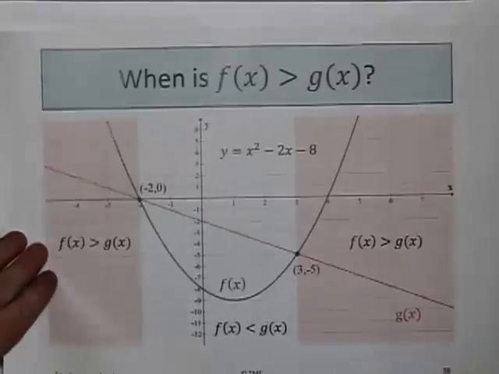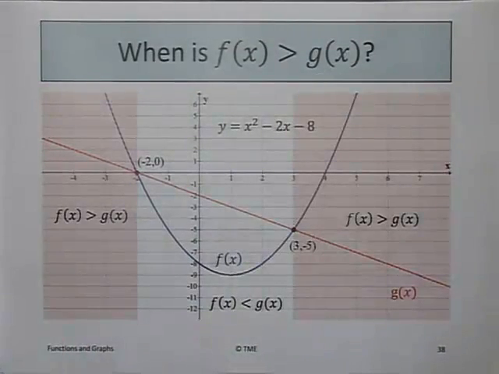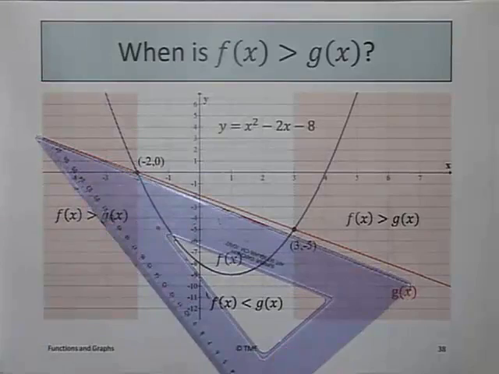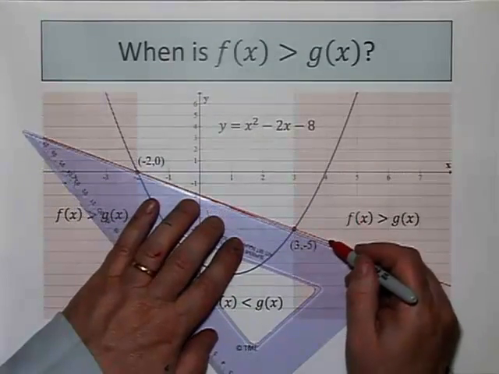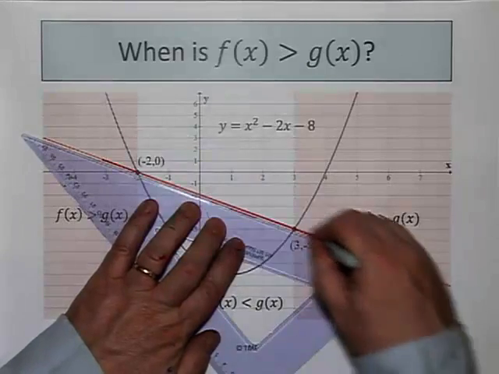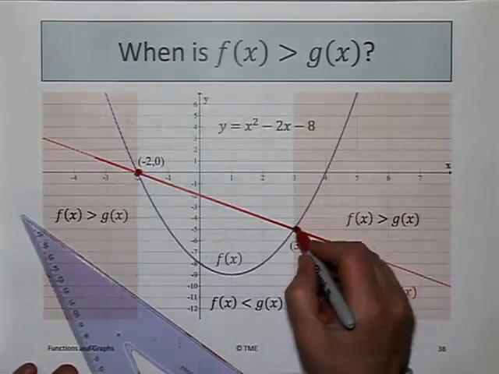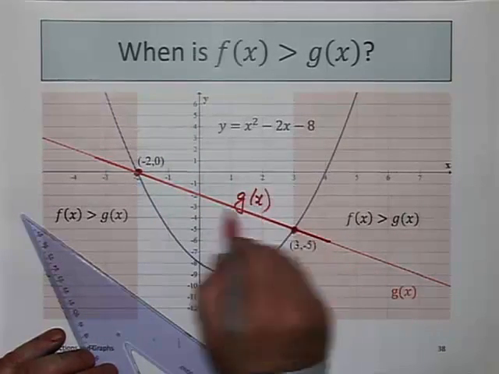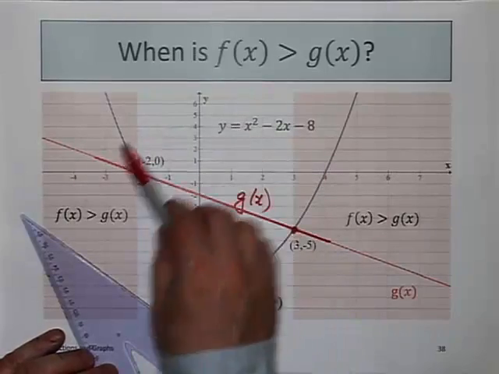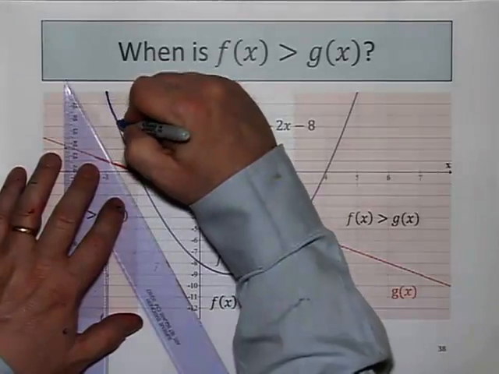Visually, they ask us, when is f(x) greater than g(x)? Here we've got f(x), the blue, and here we've got g(x) in the red. And there's this period here between these two points where g(x) reigns supreme. It's a higher value than the other, whereas here f(x) is taking over.